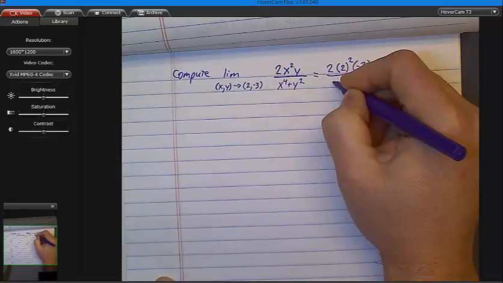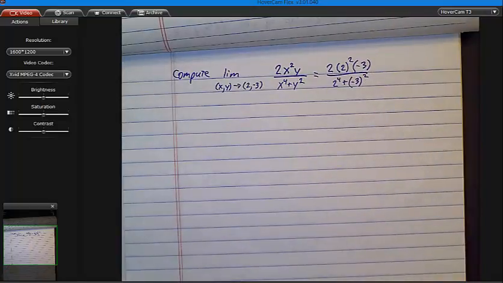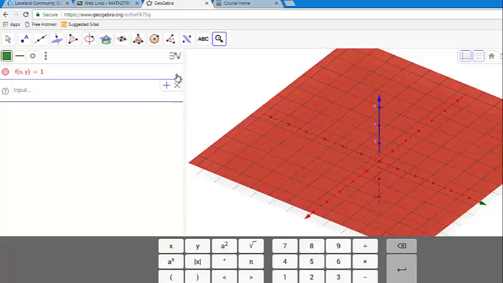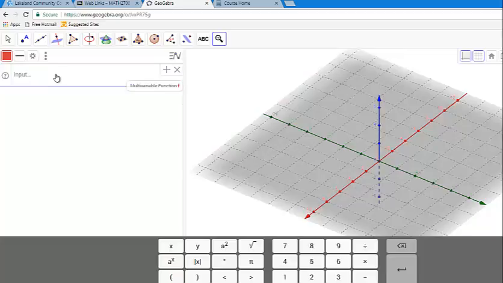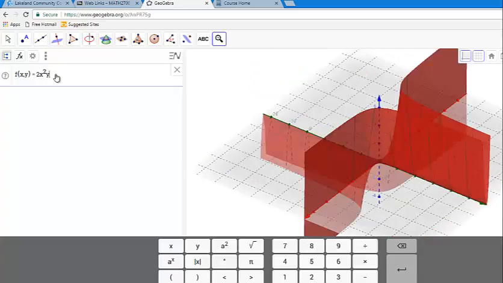So why don't you guys work on that, compute it for us, and in the meantime, I think I'm going to see if our software can graph this baby. Okay, let's clear all that out. Here we go. F of x, y is equal to 2x squared y.